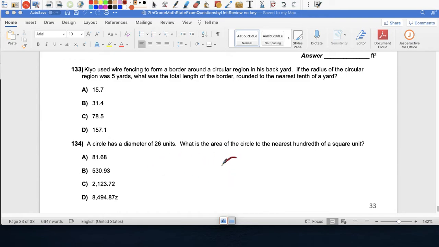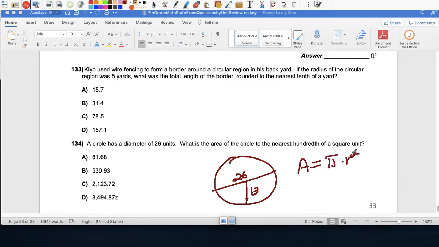A circle has a diameter of 26, which means the radius is 13. What is the area of the circle? Well, A equals pi r squared. A equals pi times 13 to the second power. And your calculator will show 169. Then you're going to multiply that by pi, so you press times pi, and you will see this.